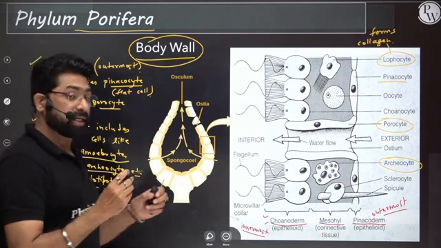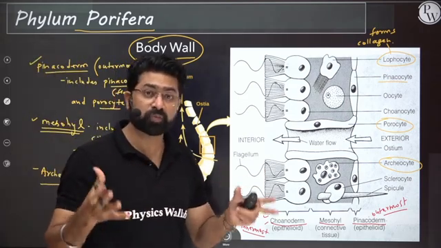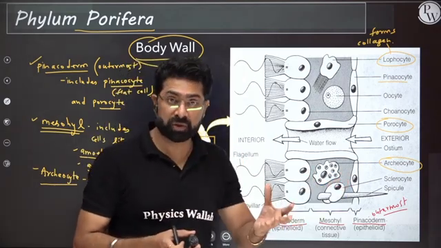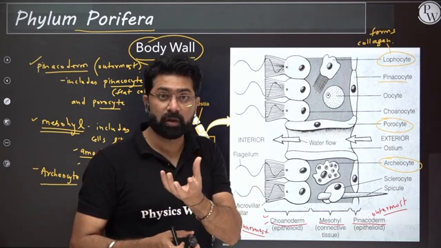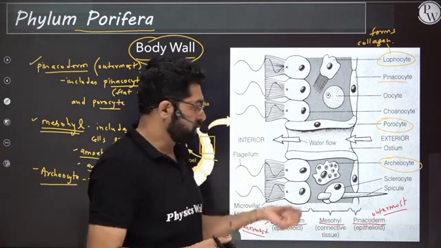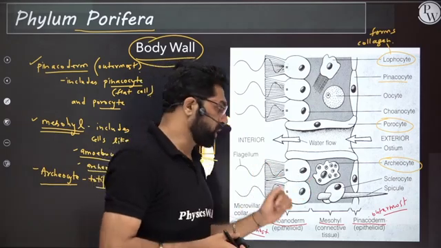Totipotent means it can give rise to a complete, entire sponge. One cell can give rise to an entire sponge. That is like a stem cell, which can give rise to the entire animal.